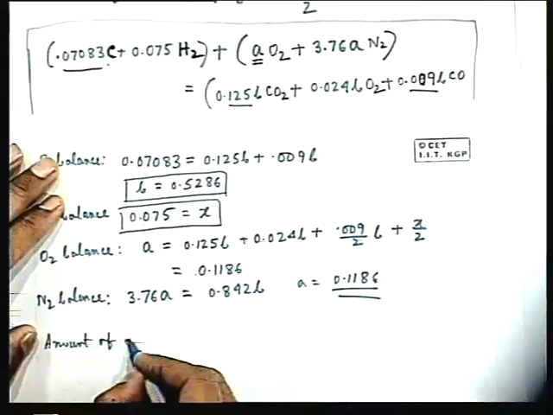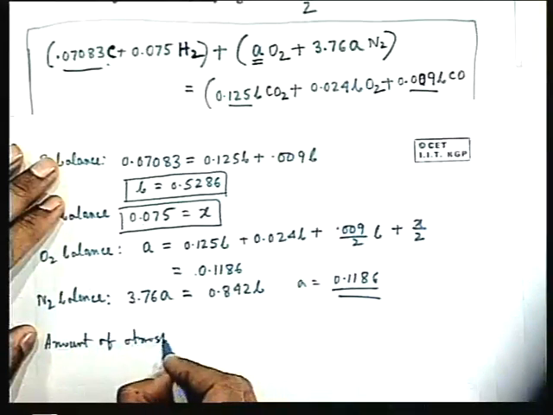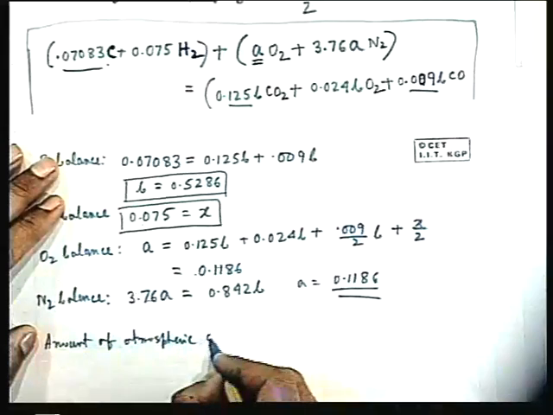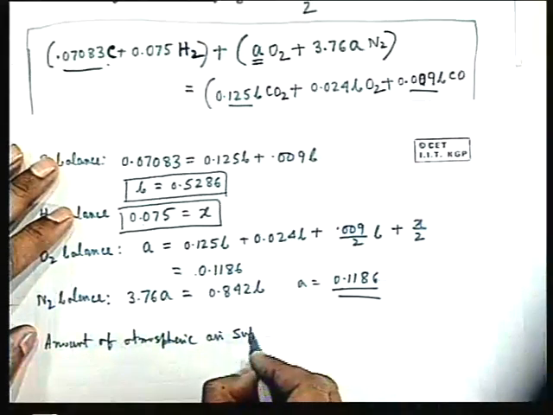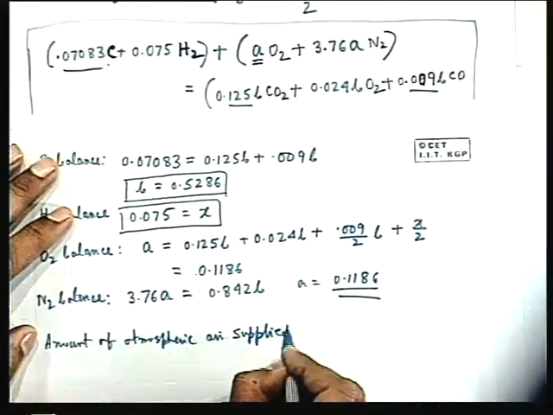The amount of atmospheric air supplied per kg of fuel, you just see your note. How do you find out the amount of atmospheric air supplied?